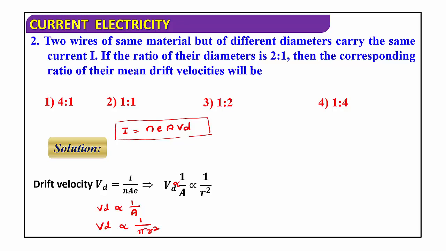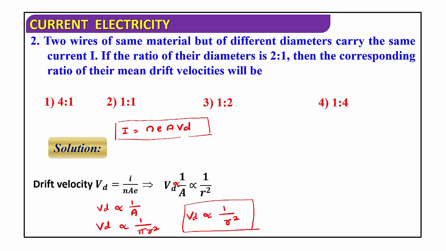When we consider it equal to the area of a circle, we can write pi r square, and pi is constant, so we can write Vd is inversely proportional to the square of the radius. So you have to remember this equation to find drift velocities. Drift velocity is inversely proportional to the square of the radius of the given wire.